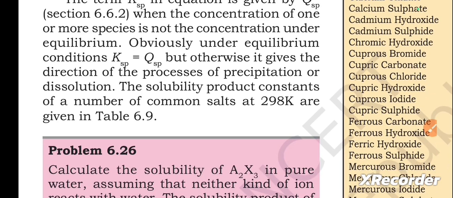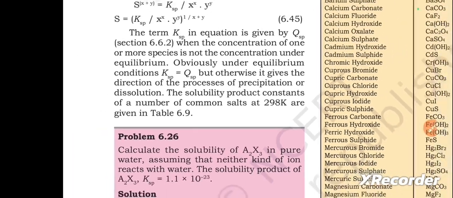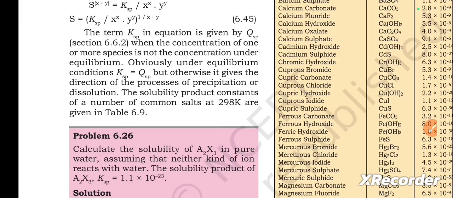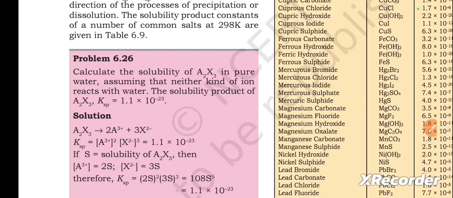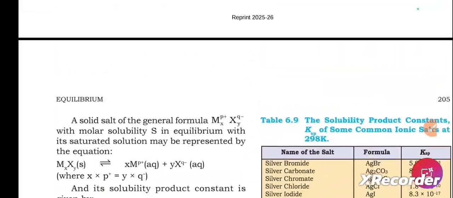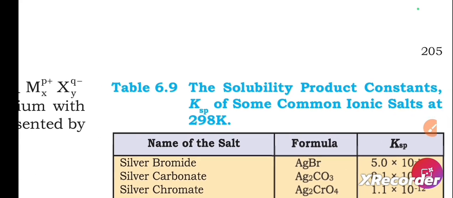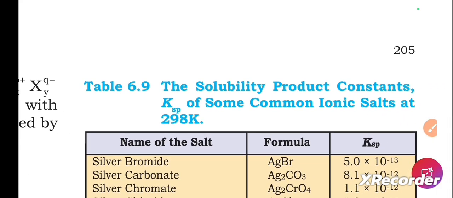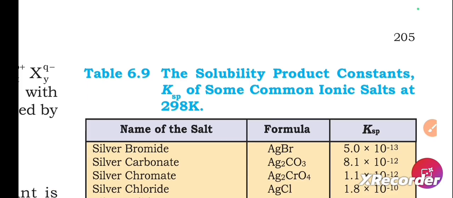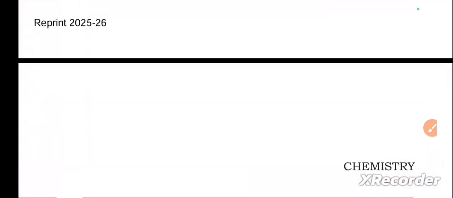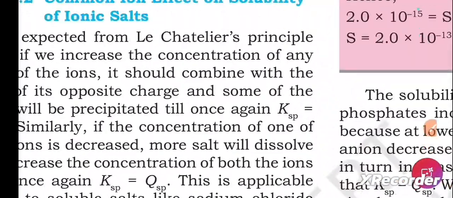The solubility product constants of a number of common salts at 298 K are given in table 6.9. So here is table 6.9 showing the solubility product constants Ksp of some common ionic salts at 298 K.